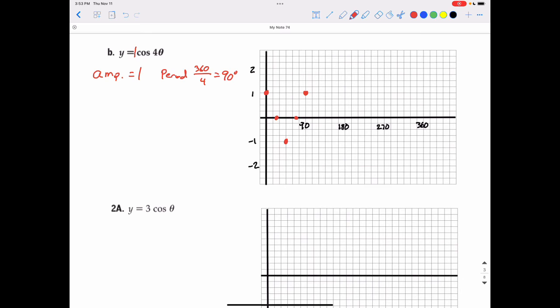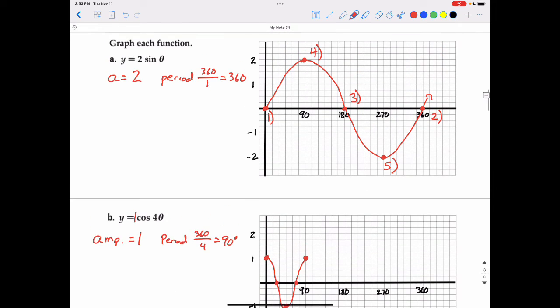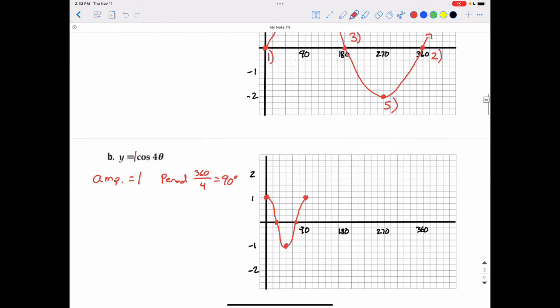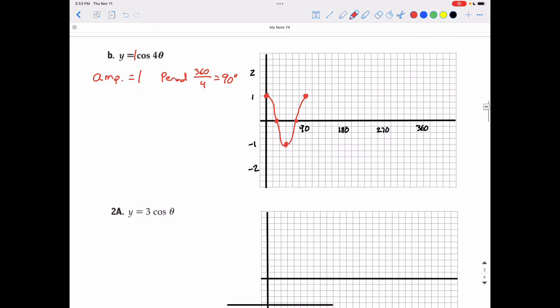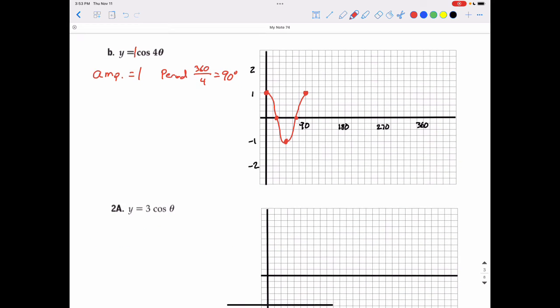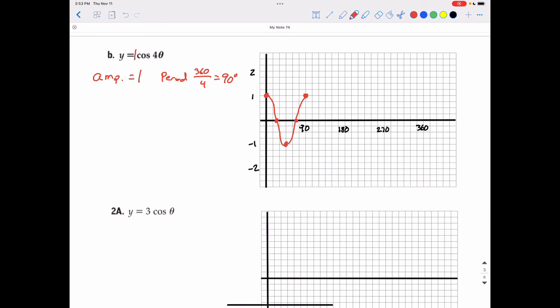So this, and notice I'm going to kind of round it off the top here, is 1 full period right there. So you can see 1 full period repeats itself much faster than 1 full period did up here, and that's because we had a b value of 4. It shrunk down the period. And then if I wanted to do another cycle, I would do the same thing.